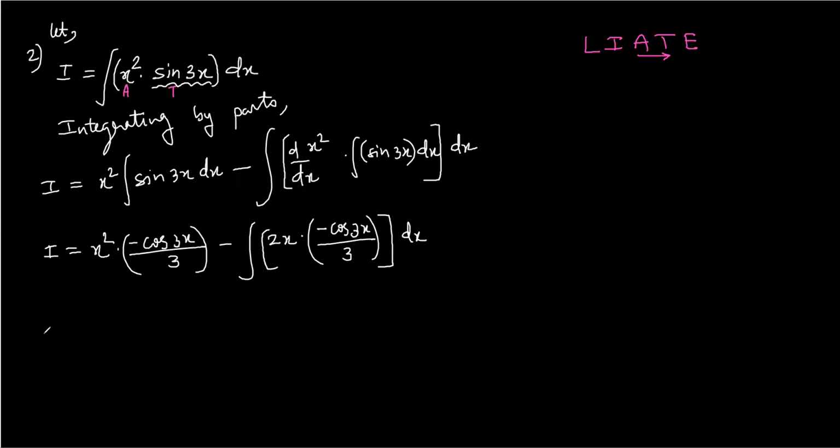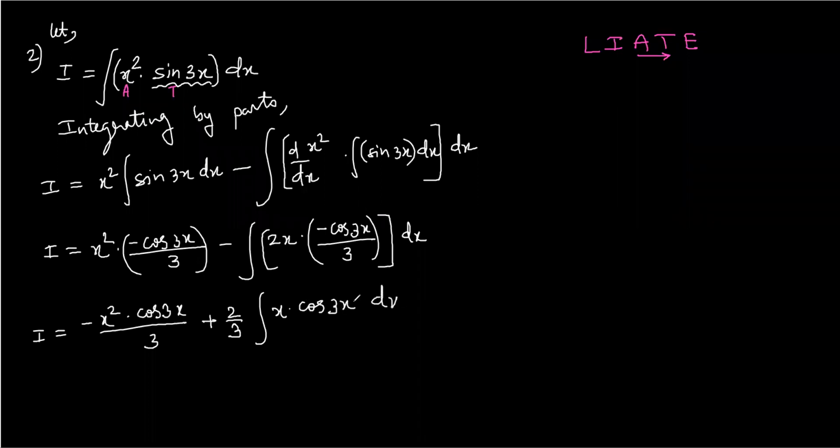Next step is I equals minus x square into cos 3x divided by 3. This negative will come out, it will become positive. 2 upon 3 is a constant multiplied to the whole function. So 2 upon 3 I'll write out. And here I have integration of x into cos 3x dx.